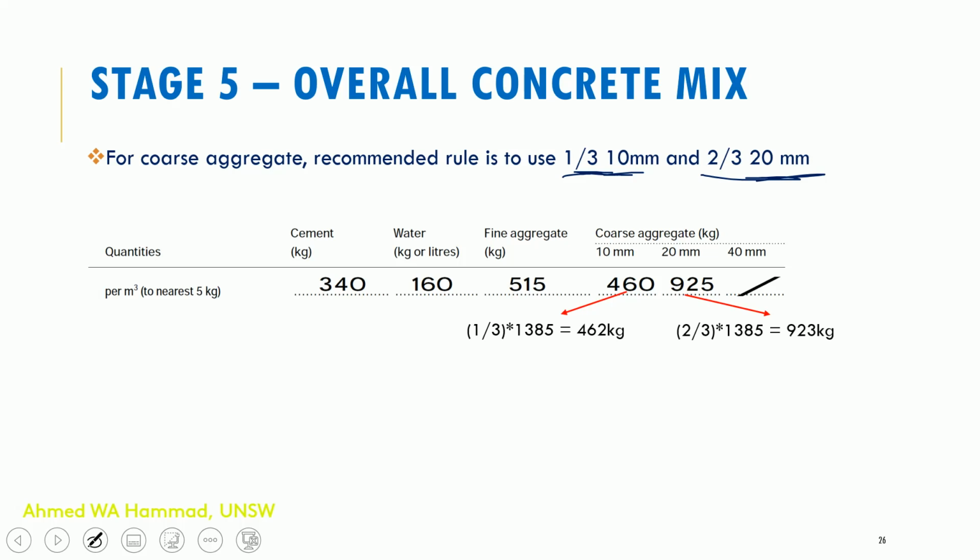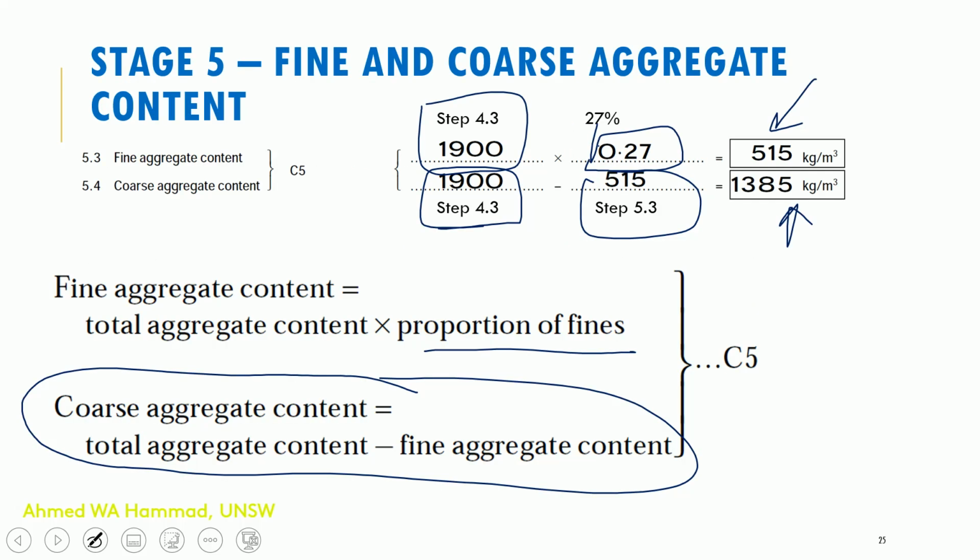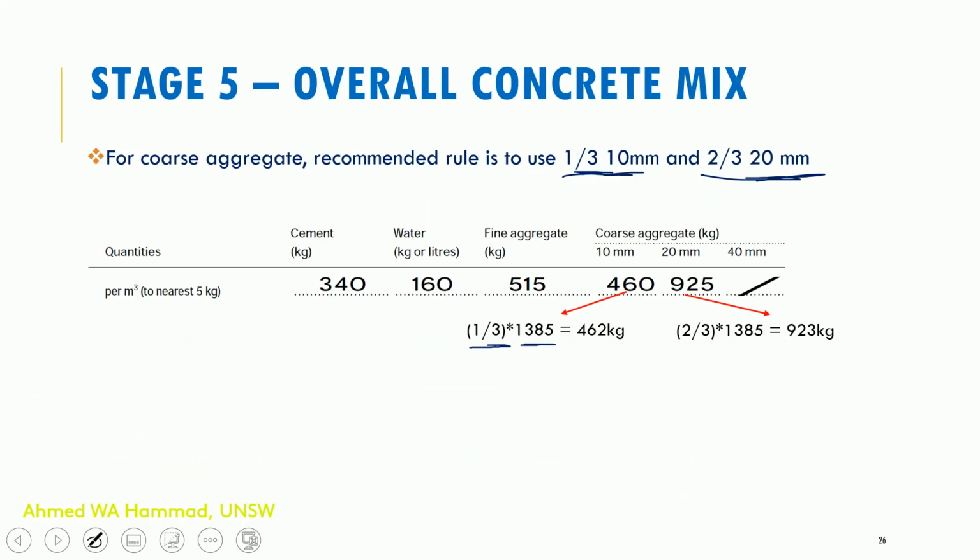So the calculation is 1/3 multiplied by the 1,385, the value that we obtained from step 5.4, the coarse aggregate content. 1/3 of it is 10 mil, so I multiply the 1,385 by 1/3 and I get 462 kilograms. And then 2/3 is 20 mil. Again, 2/3 multiplied by 1,385 gives you 923.